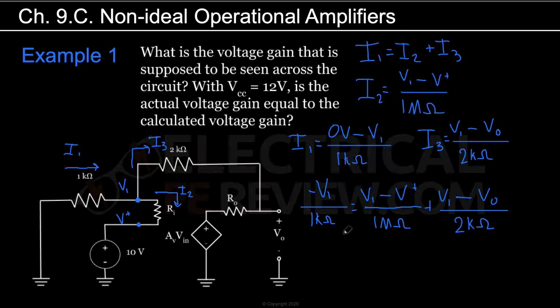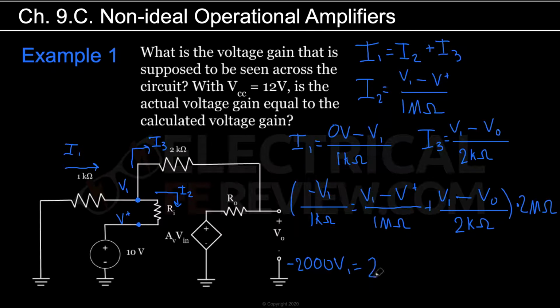And we're going to multiply by a common multiple on both sides of our equation, and that is going to be 2 mega ohms. 2 mega ohms times 1 kilo ohm is going to give us negative 2000 V1, which is going to be equal to 2 mega ohms divided by 1 mega ohm, which gives us 2, which we're going to distribute to V1 and minus V plus.